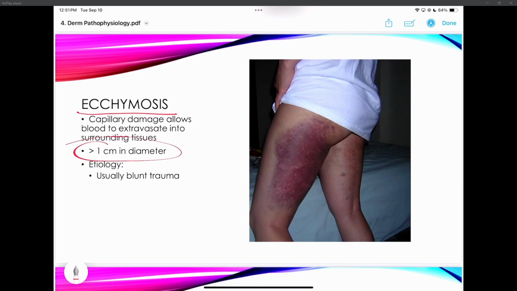So petechiae, purpura, ecchymosis, pretty much all the same thing. You're just getting larger in surface area of the lesion. Petechiae is the smallest, purpura is in the middle, and ecchymosis is the biggest one, usually blunt trauma. She probably got into a car accident or hit something and that caused all that bleeding to happen. So that's ecchymosis.